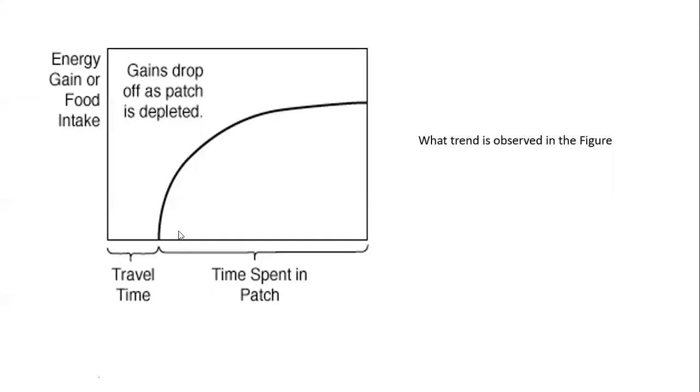With time, you can see that there's an increase in food intake, but eventually the food intake doesn't continuously increase, but it levels off. So that is a trend that is observed in this particular chart, where we're looking at the time that the bird is spending in a patch against the amount of energy or food that it takes.